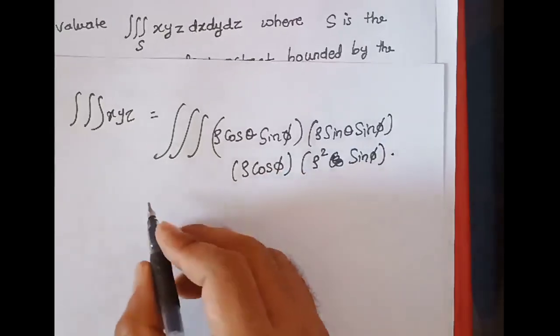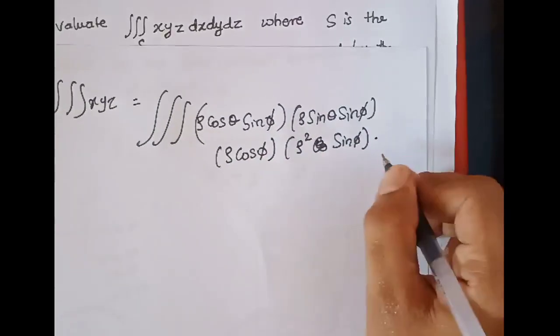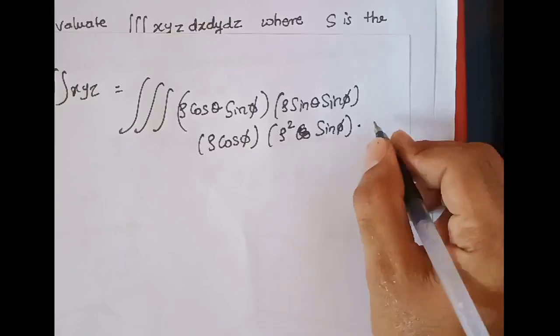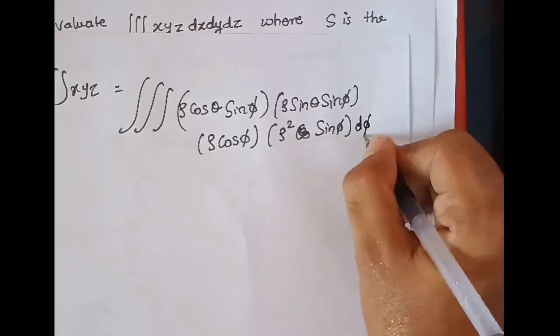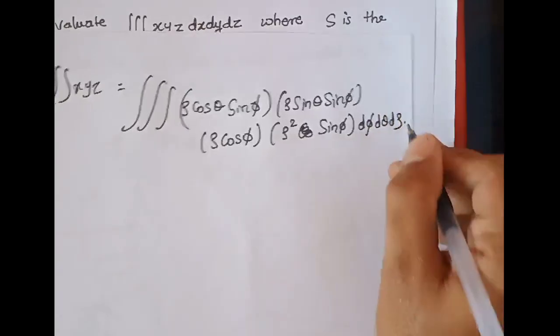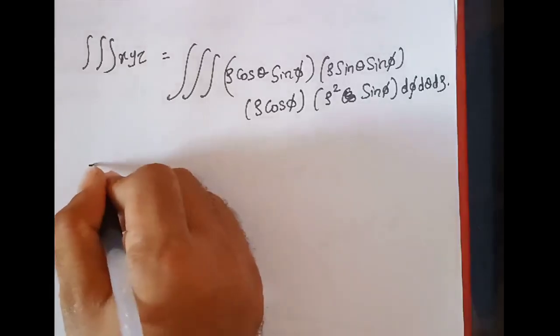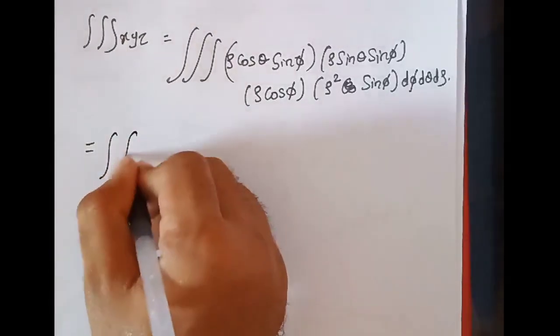Then we can take theta, rho, phi in any order. Here I will take phi first, so d phi, d theta, d rho.